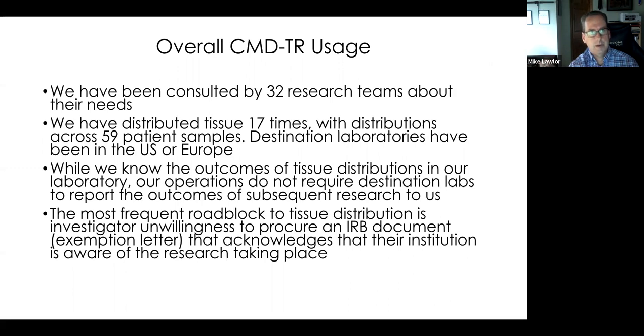There's just a certain subpopulation of investigators that never go through that. And actually, that's a good litmus test for whether somebody was serious about using the tissue. If they're not willing to do a little bit of regulatory work to get permission to use the tissue, then they probably weren't going to usefully use the tissue anyway. And that allows us to have a little bit of a gatekeeping function as well. Next slide.